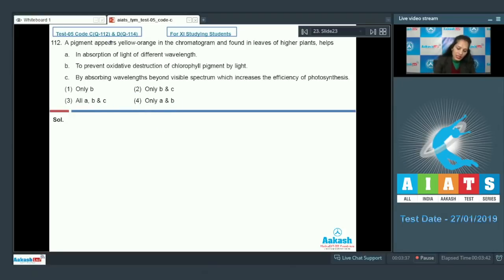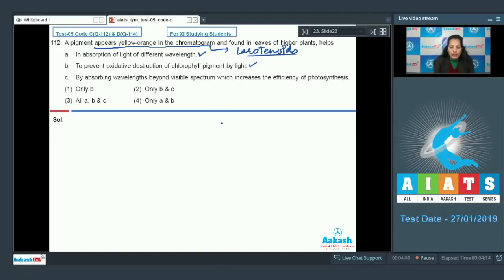So the pigment which appears yellow-orange in the chromatogram is the carotenoids. They are antenna molecules or the accessory pigments which absorb the light of different wavelengths. So this is correct. It prevents oxidative destruction of chlorophyll pigment by light. Yes, it absorbs the wider wavelengths and transfers this energy to the chlorophyll pigments.